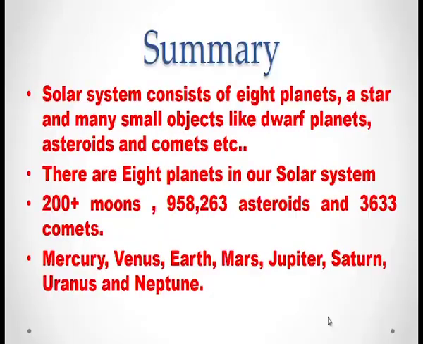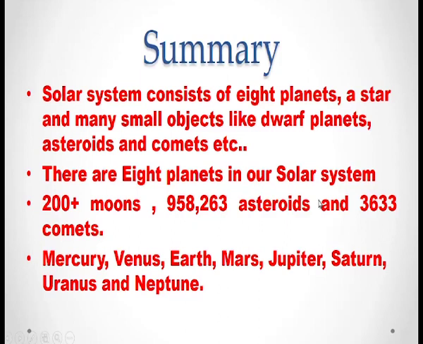So in this lecture we have seen that our solar system consists of 8 planets, a star, which is our sun, and many small objects like dwarf planets, asteroids, meteors, comets, etc. Then 200 plus moons are there in our solar system. 958,263 known asteroids are there, and 3,633 comets are there.